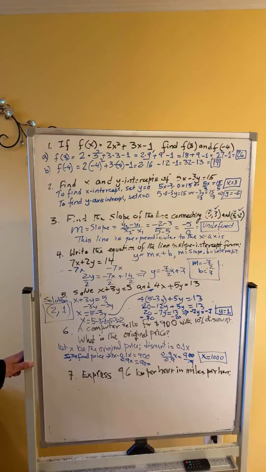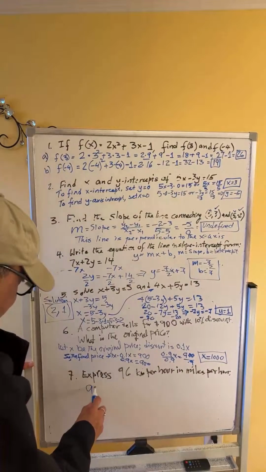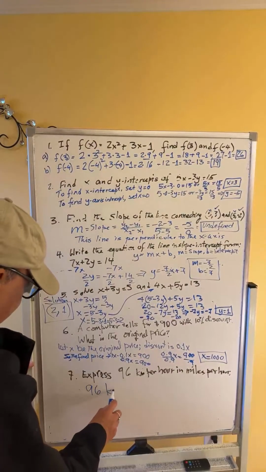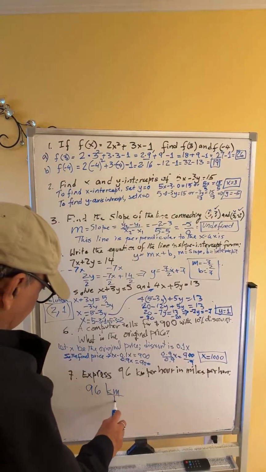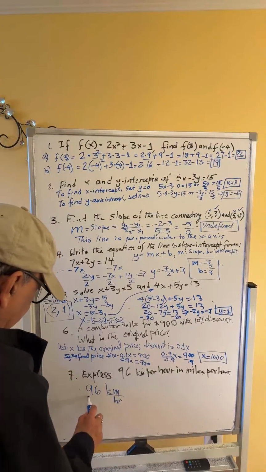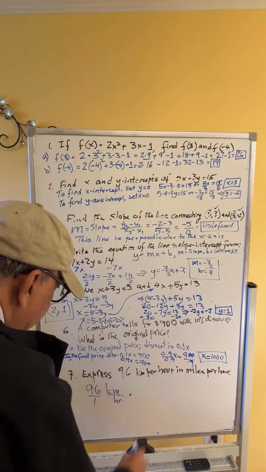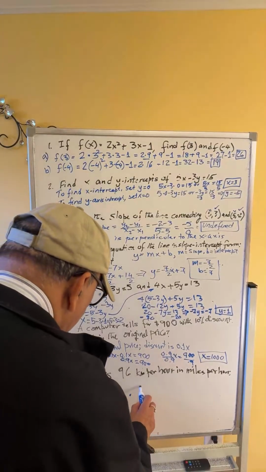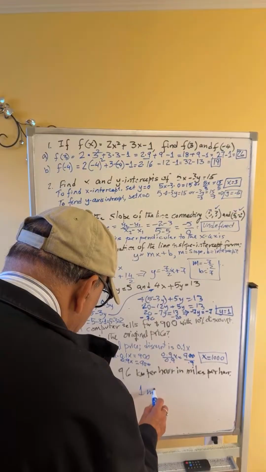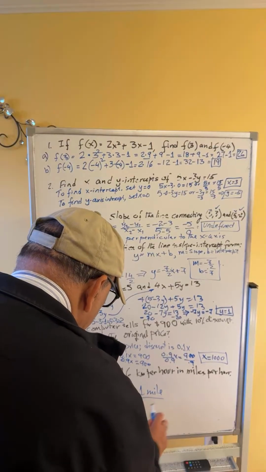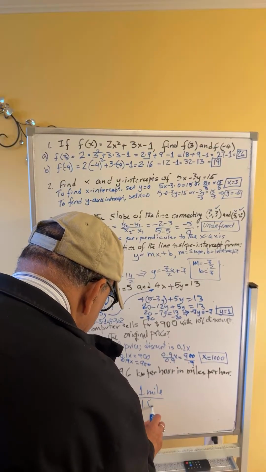Last problem, express 96 kilometers per hour in miles per hour. So we write 96 km per hour, divided by 1, is equal to, 1 mile for 1.6 kilometer.